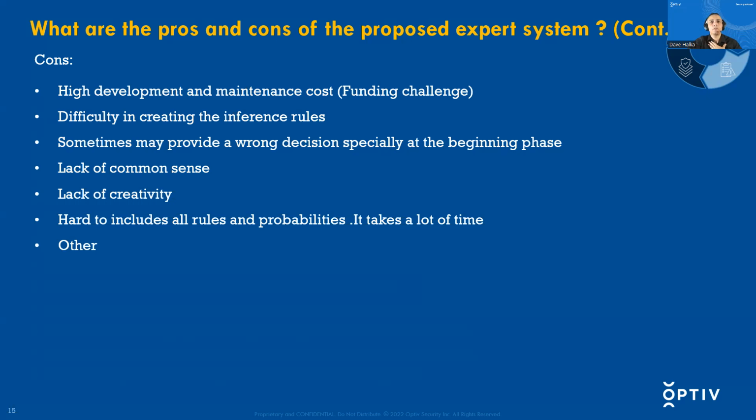One disadvantage of the expert system or AI in general is funding, and also difficulty in creating the inference rules. It takes time because you are dealing with humans at the beginning. But the most important one is cost.